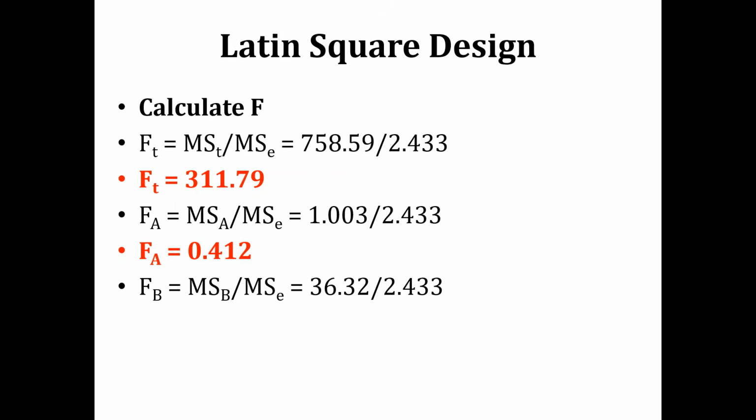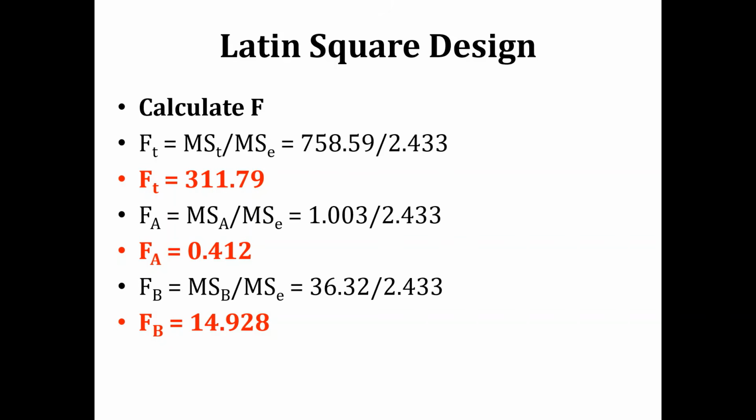Then we are going to calculate the effect of our second gradient, which is our river gradient, and in this case, we are going to divide the variance of gradient B by the variance of experimental error. So this is 36.32 divided by 2.433, and we get 14.928. So we can see that this F value is also greater than 1. And now we have to see whether this is significantly greater than 1 or not.